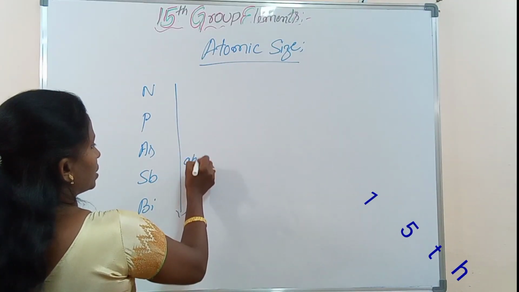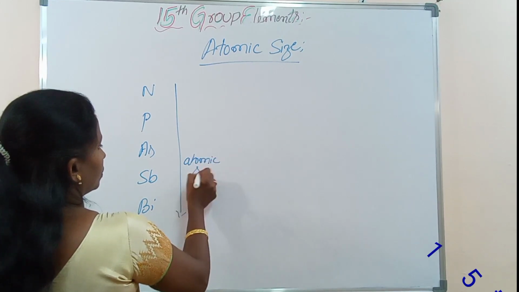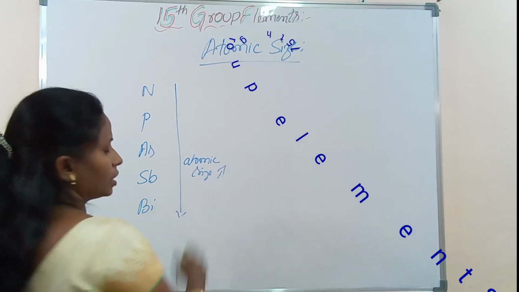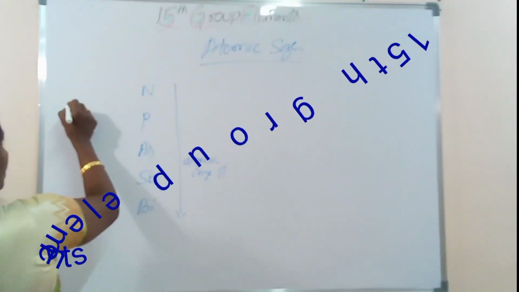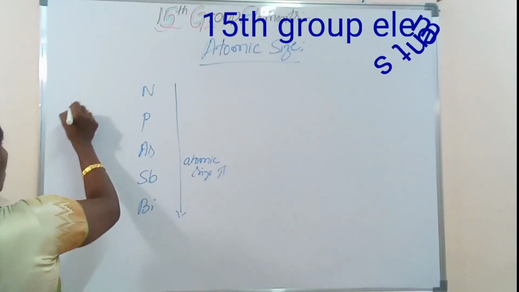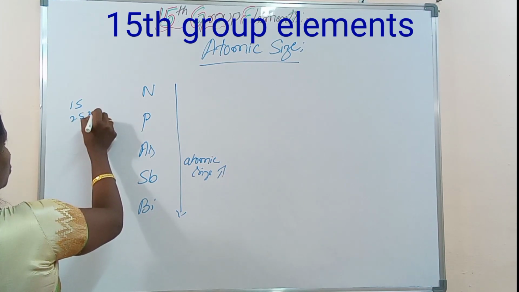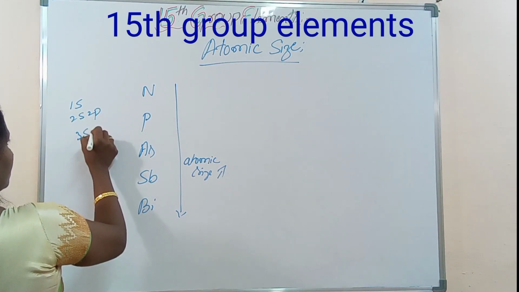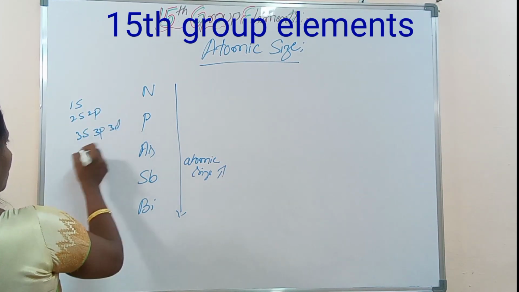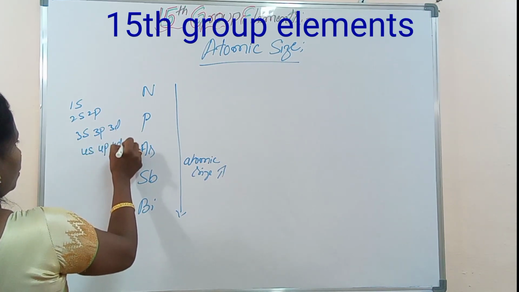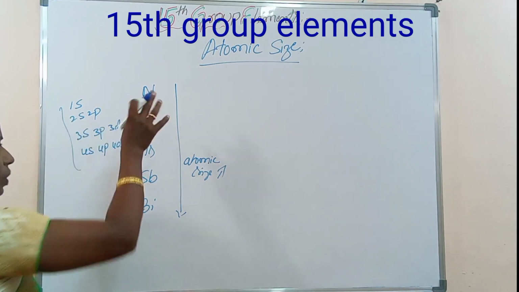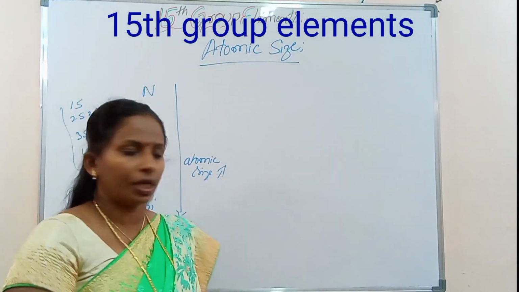Atomic size increases, because the first shell is 1s, then 2s 2p, 3s 3p 3d, and next 4s, 4p, 4d, 4f. You see the number of shells increases as you go down the group.